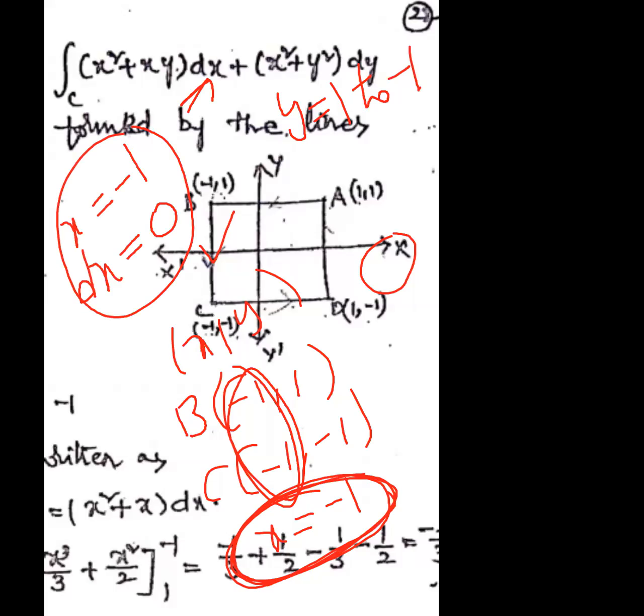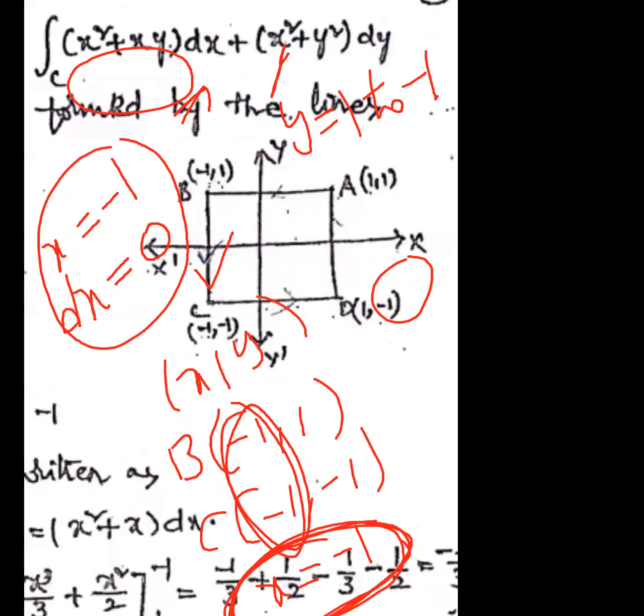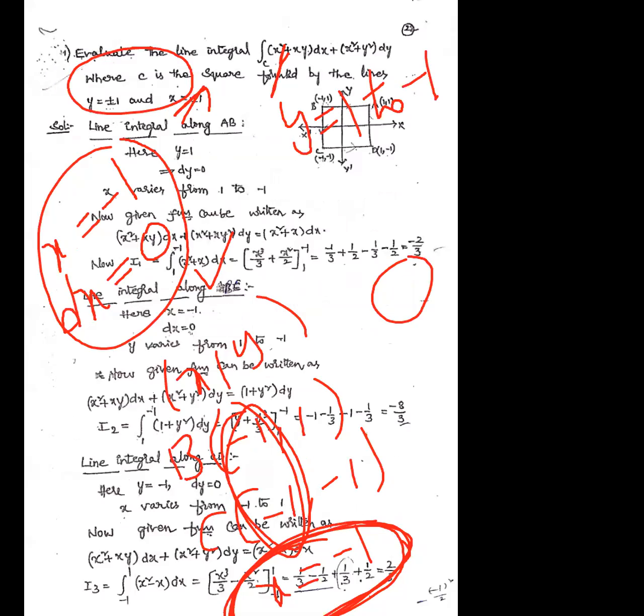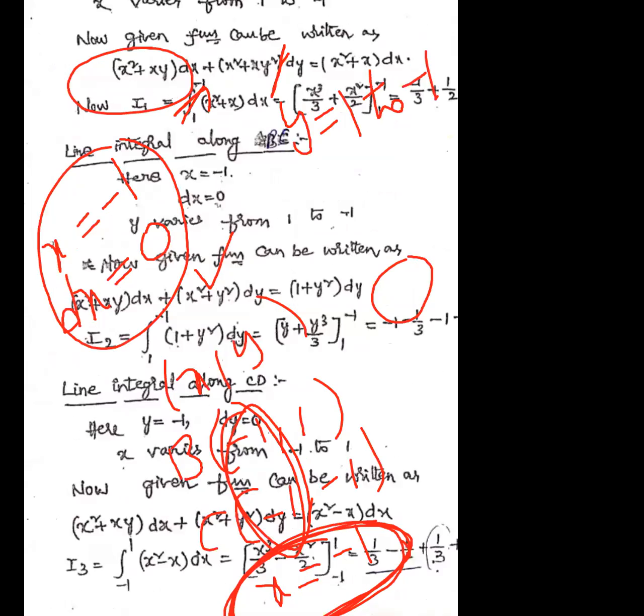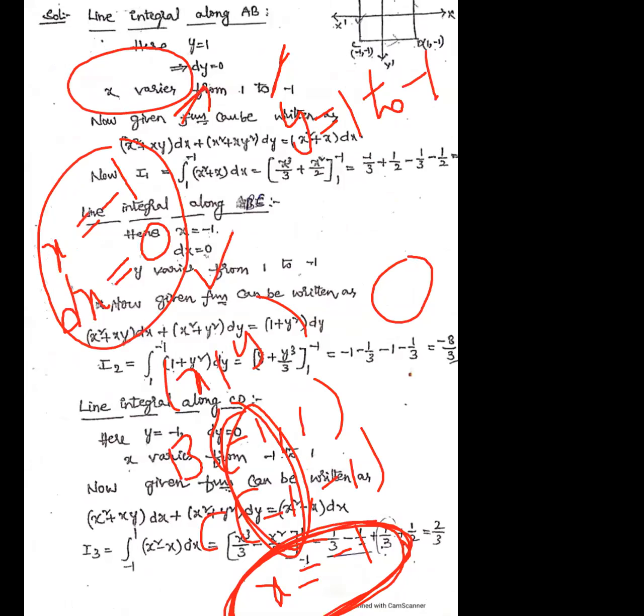So x is converted to a constant and dx equal to 0. The first term is completely 0 and the remaining term is 1 plus y square. So in finding the BC line integral, we get all terms in y, so it is possible to apply the line integral with respect to y. So this is the second line integral, BC.